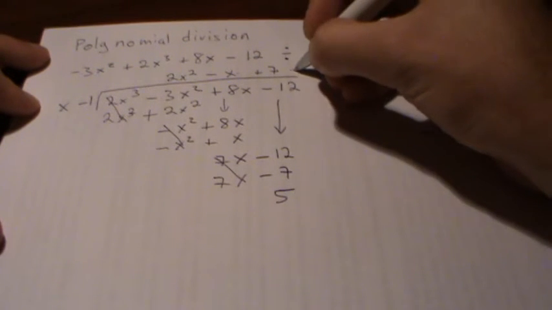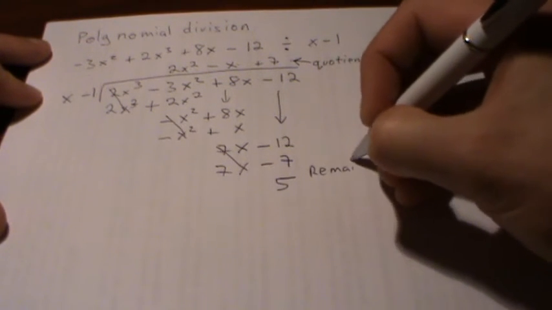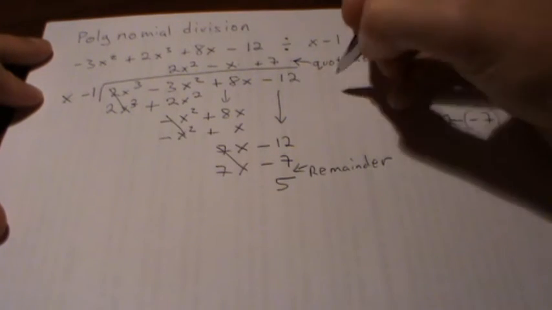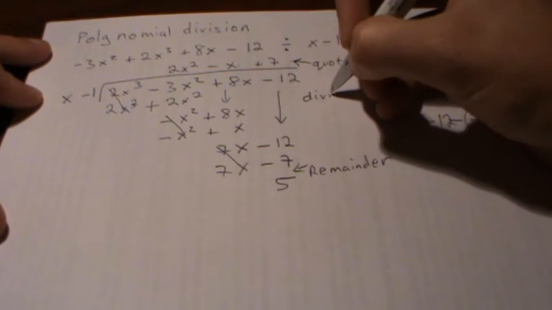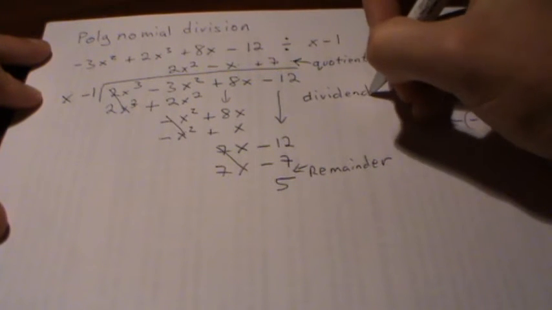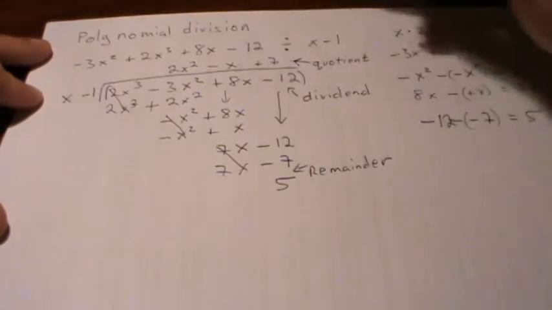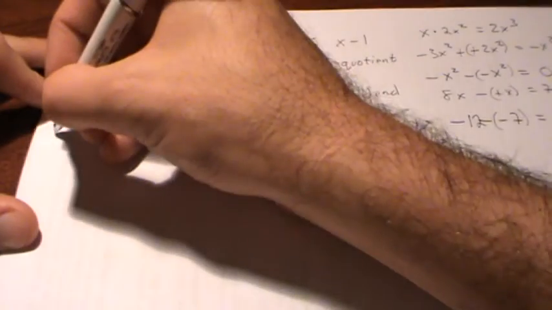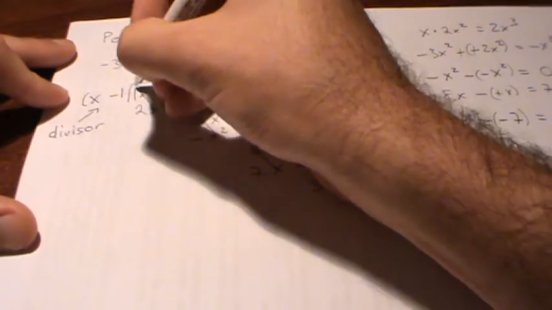This actually was the dividend, which is the thing that I started with here. The thing that I started with, this is the dividend, and this over here is the divisor right here.